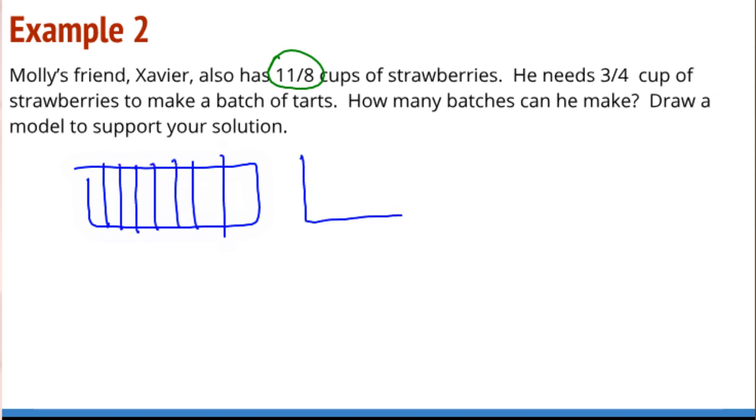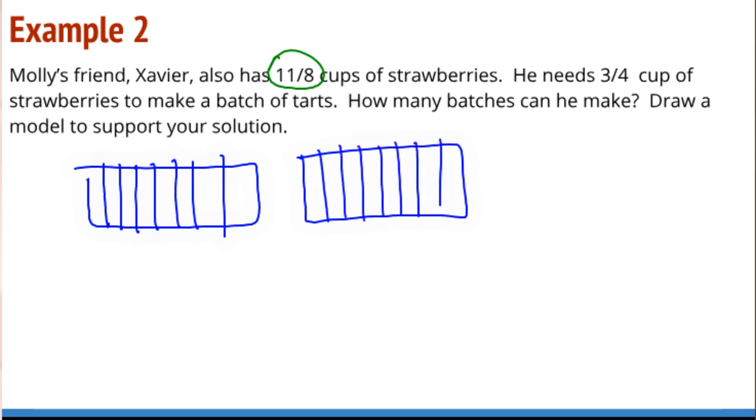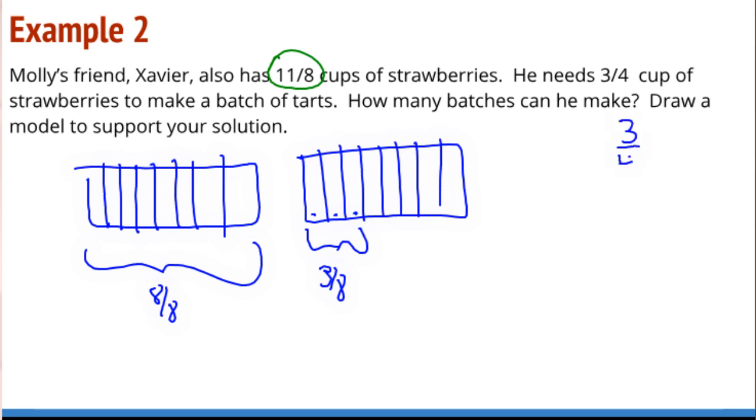So I've got 1 cup. 1, 2, 3, 4, 5, 6, 7. There's a second cup. Here is my 8/8, and I've got 1, 2, 3 more. So there's my 3/8, and I've already figured out that 3/4 is equal to 6/8.